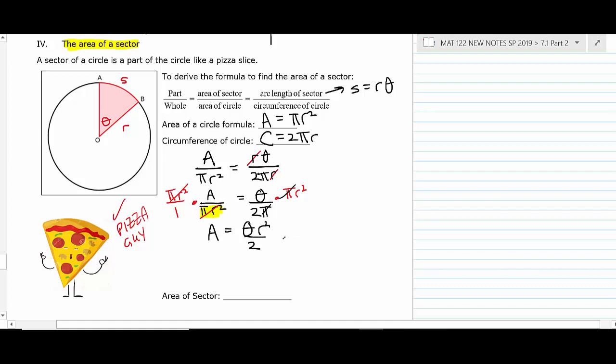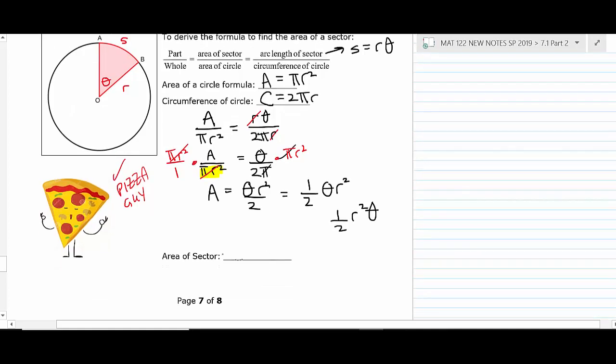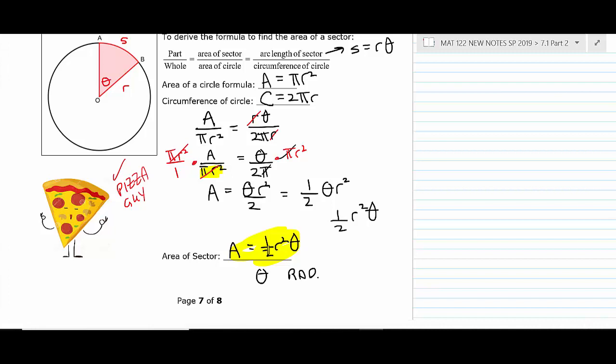You'll see it in a textbook written as theta r squared, or sometimes they change the order, but it doesn't really matter what order you have that in. I'm going to write it the way I see it most of the time, 1/2 r squared theta. And again, theta has got to be in radians. It's good at this level to start getting an appreciation for how mathematicians figure this stuff out. So that's the derivation, and that's how we came up with that formula. Just some logic and a simple proportion.